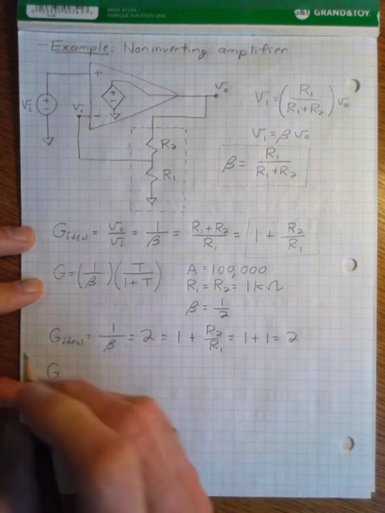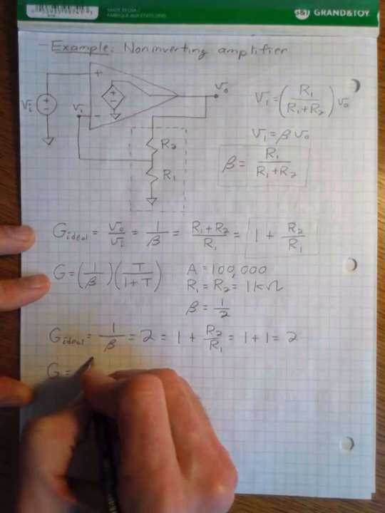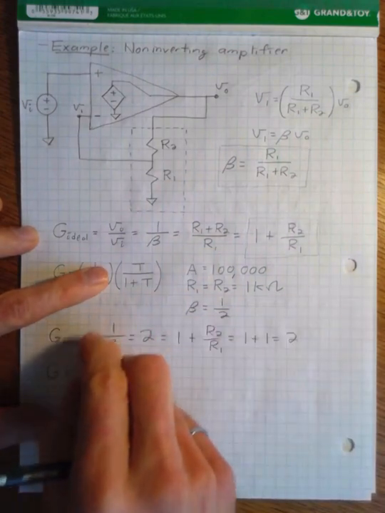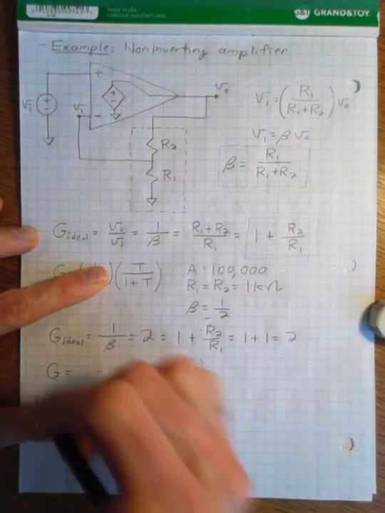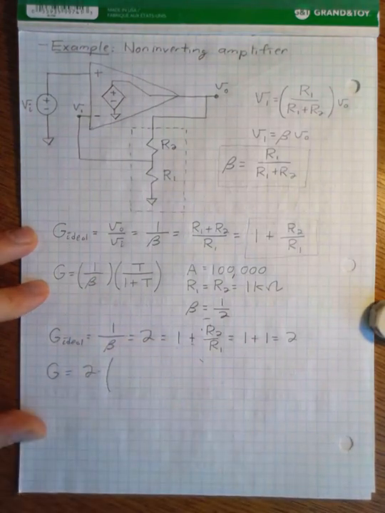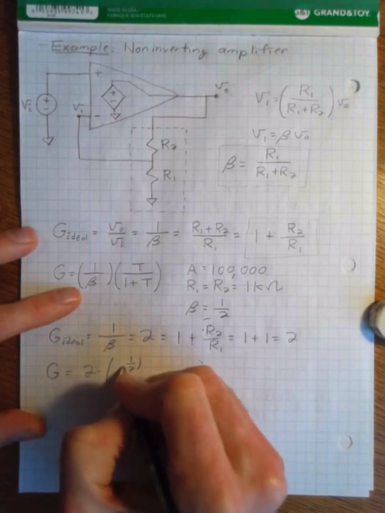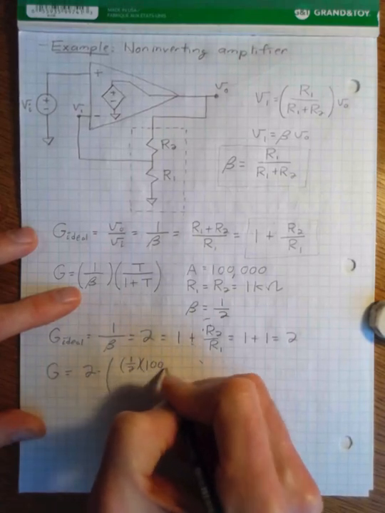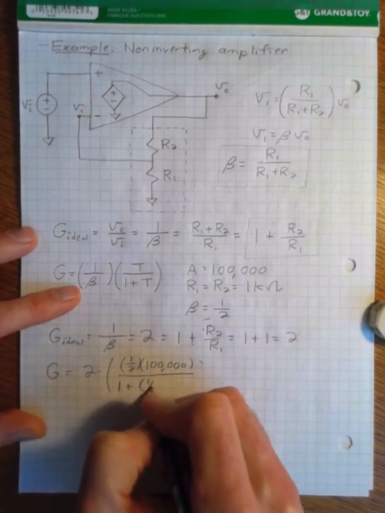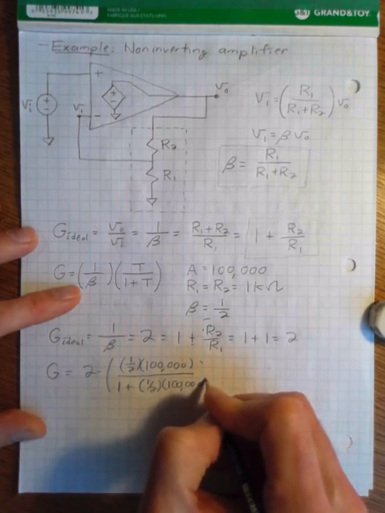The actual gain is 1 over beta, which is equal to 2, times T, which is 1/2, the beta, times 100,000, over 1 plus 1/2 times 100,000.